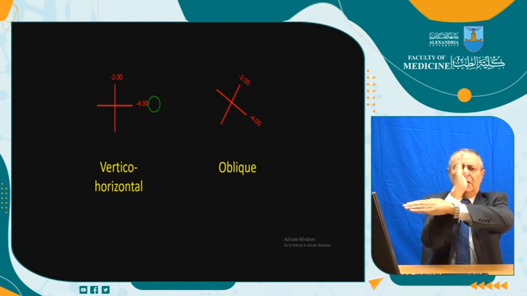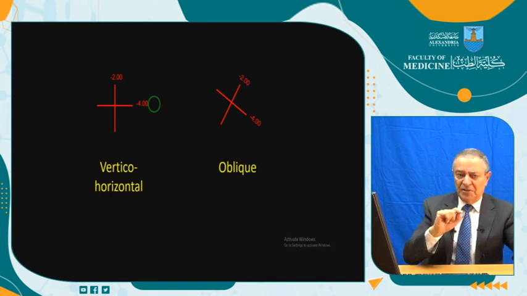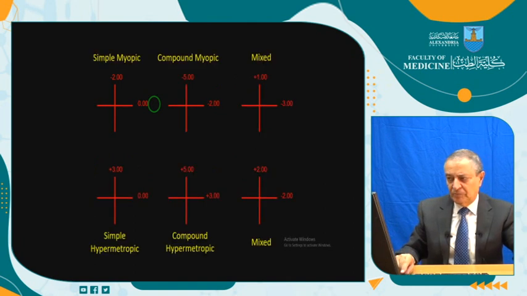It can be vertical, can be oblique, and that's why in prescribing glasses for cylinder, we must define the axis of the cylinder in which this will act. Again, these are the 5 types of astigmatism.